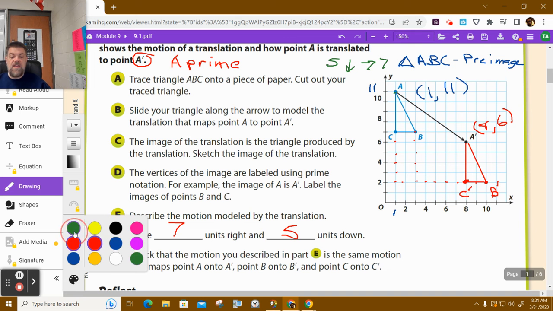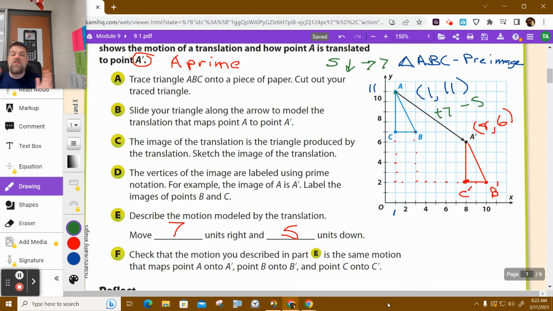So what I want you to think about is, what's 1 plus 7? 8. What's 11 minus 5? 6. So at some point, we won't actually graph it. We could just add and subtract the numbers. Okay? Does that make sense? Okay, cool. Any questions? Thumbs up, thumbs down on this? Okay. All right, let's keep moving.